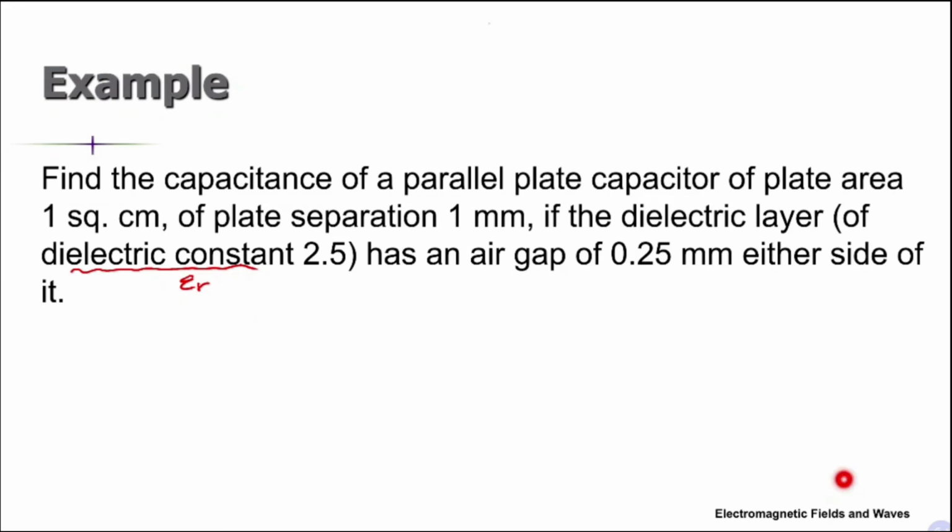So we have epsilon r equals 2.5 with a thickness of 1 millimeter, and at either side of it you have an air gap with a thickness of 0.25, and here is my conductor.